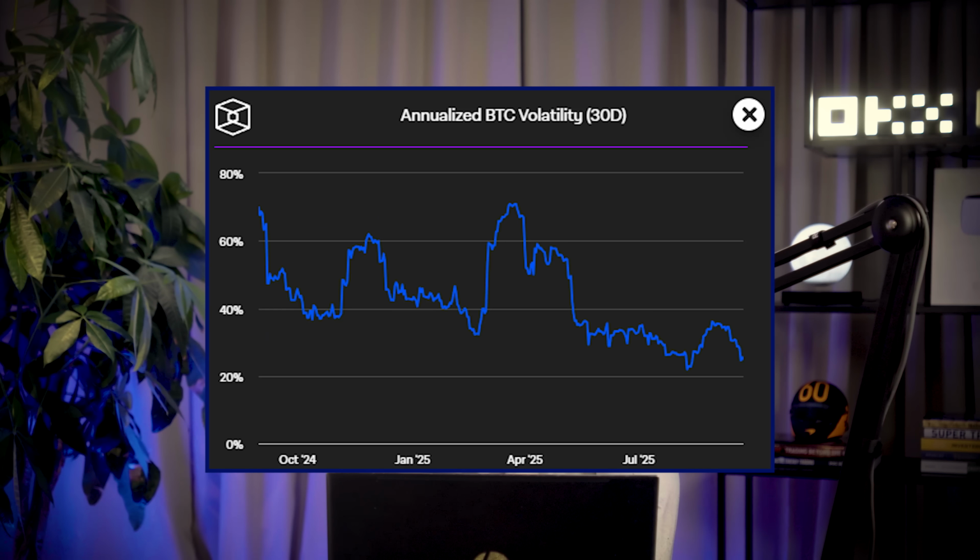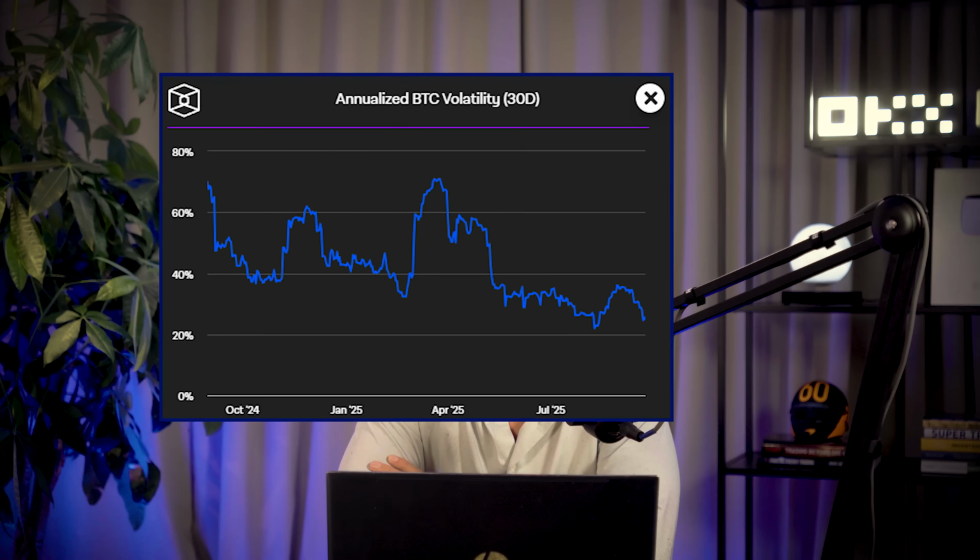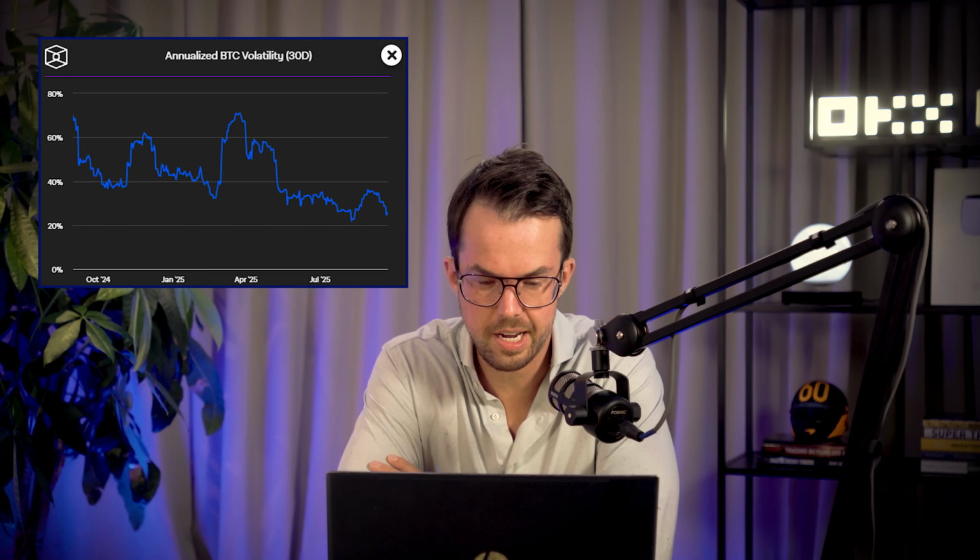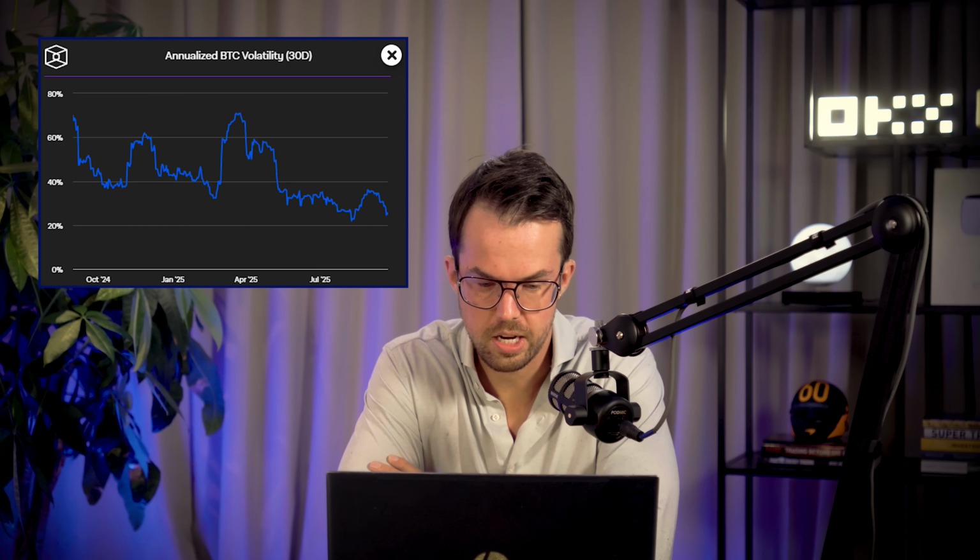Why is that relevant? Well, I've got a visual here, and that is the volatility of Bitcoin. In this case, it's annualized, so we're going to recalculate that back towards monthly. Basically, the annualized volatility of Bitcoin is around 30%, and that has been way higher. If we look at the volatility back towards a monthly data point, including what the normal average for annualized volatility is for Bitcoin, the annualized volatility is around 50 to 60%.